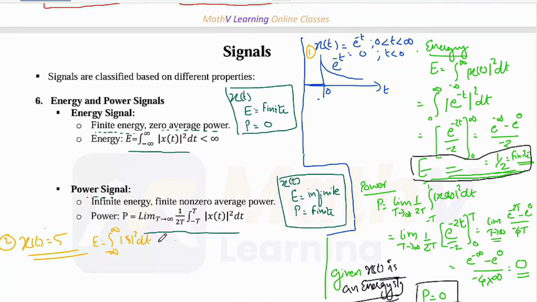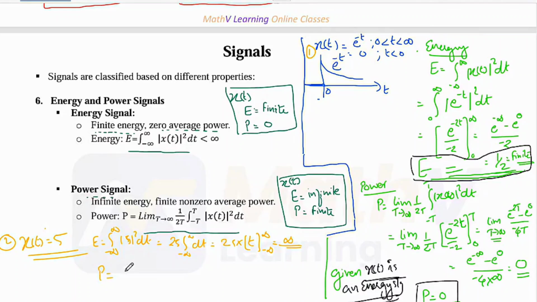So taking 25 outside, integral minus infinity to infinity dt. So 25 into t, right? Limit from minus infinity to infinity. So what will it be? This is equal to infinity. So actually when we give infinity for t, the value is infinity. So the energy of the signal is infinity.